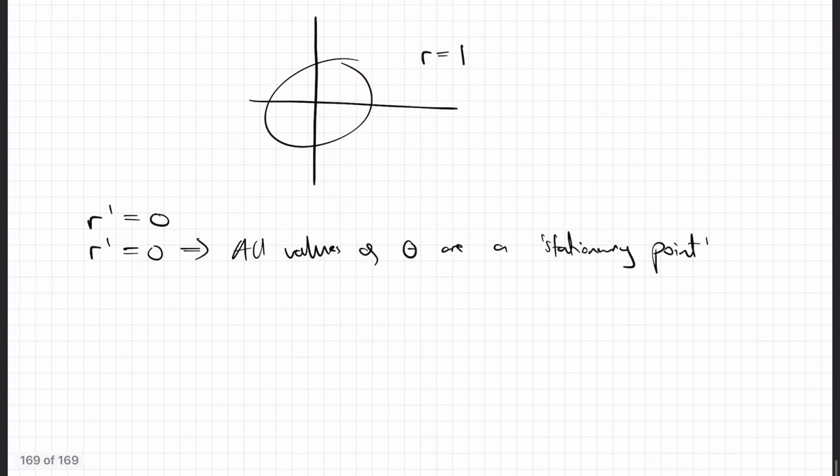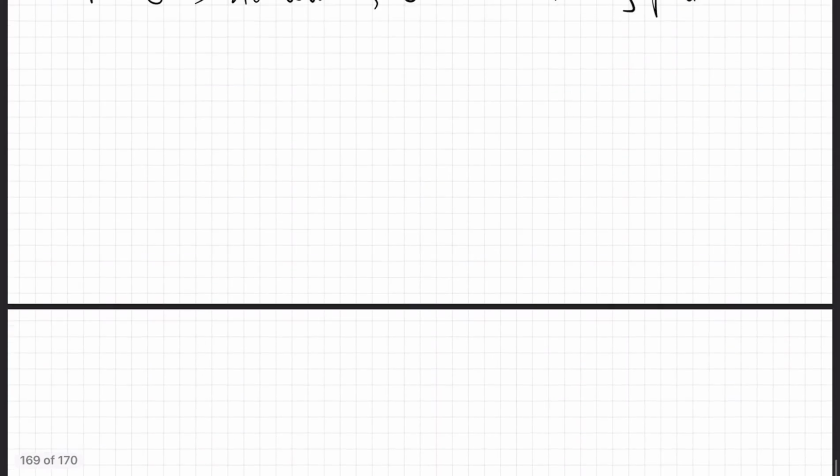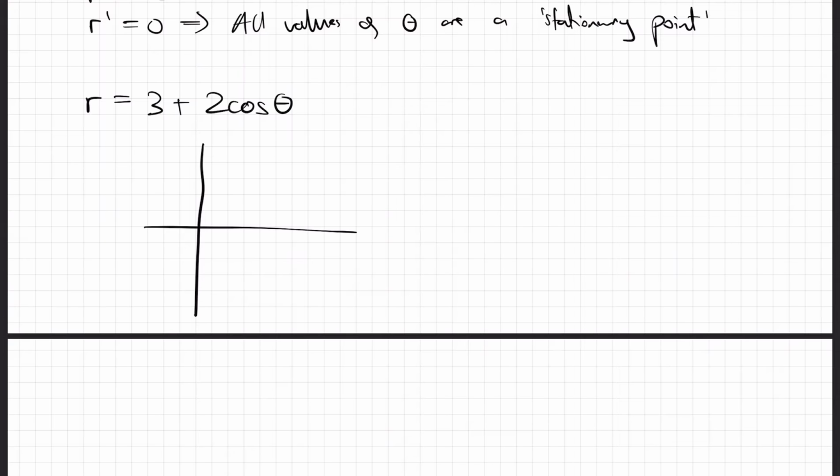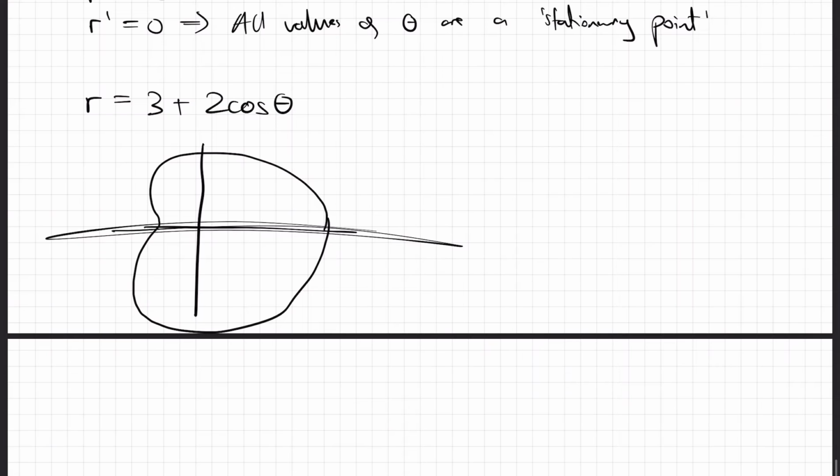I'm going to show you another graph which actually has some more defined stationary points. It's the graph of r equals 3 plus 2 cos theta. I'm going to probably do a bad drawing, but it looks something like this. It comes around, it dips, and then comes back and does that. This is actually symmetrical around this line, but I've just done a bad drawing.